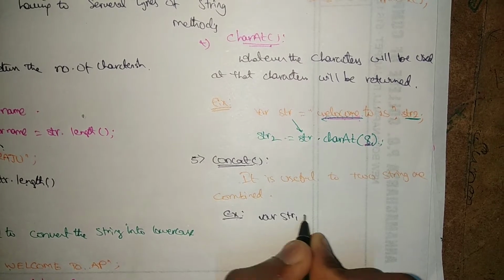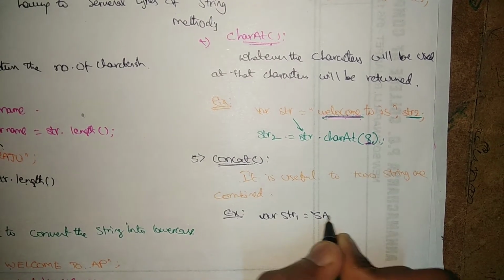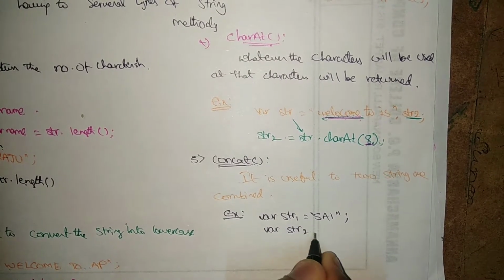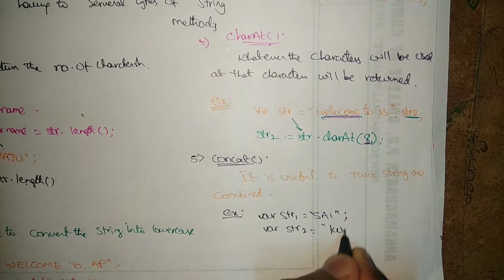Variable str1 equal to Sai, variable str2 equal to Kumar.